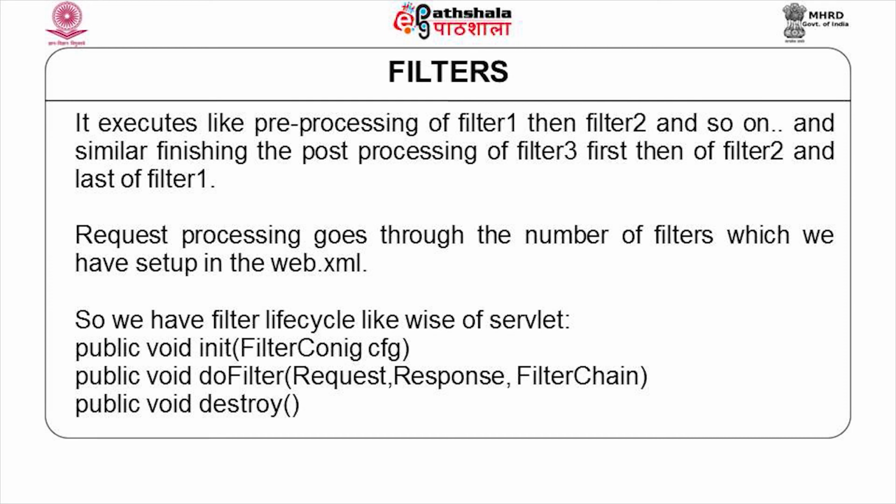Here remember, servlet request and servlet response are the first 2, but the third parameter is the filter chain. Filter chain is useful for passing it on to the next filter or the next resource, whichever it may be. And then we also have the regular lifecycle method called destroy. So, that is how a filter interface works.